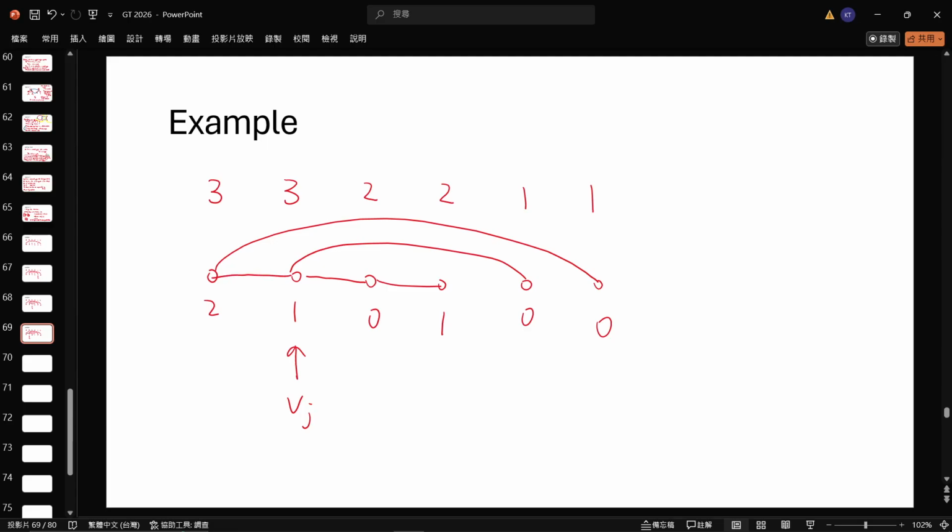Okay, now we have our last round. So we can only add an edge like this, okay? So now this is a connected graph, okay?